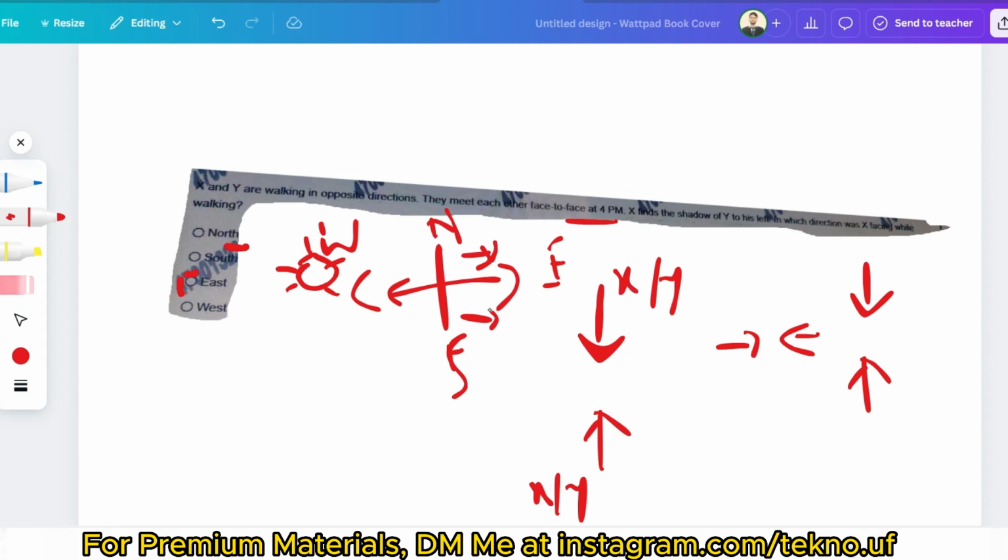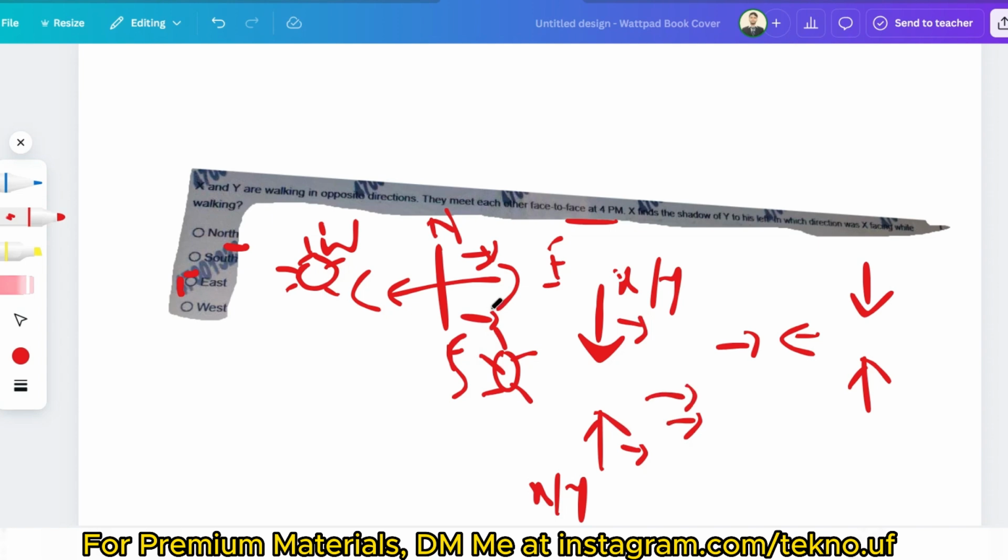So x is coming from north, so the east is his left, and y is coming from south, so his or her right is this side. So this is the east position, right? And the sun is here, so their shadow is at this position.